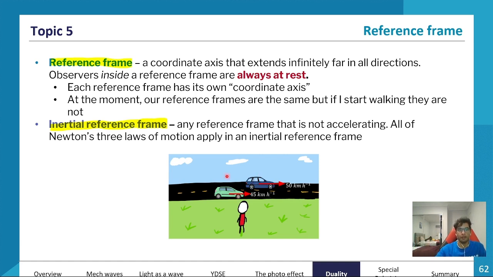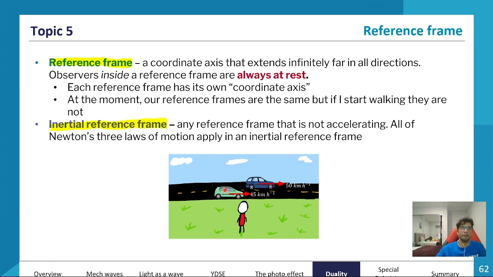But from the green car's frame of reference, the blue car is only traveling at 5 meters per second. And because of this, it's a bit difficult to compare the two. Because it's two different reference frames, you can't directly compare what you're seeing to what the person in the green car is seeing, because it's going to be two different things.